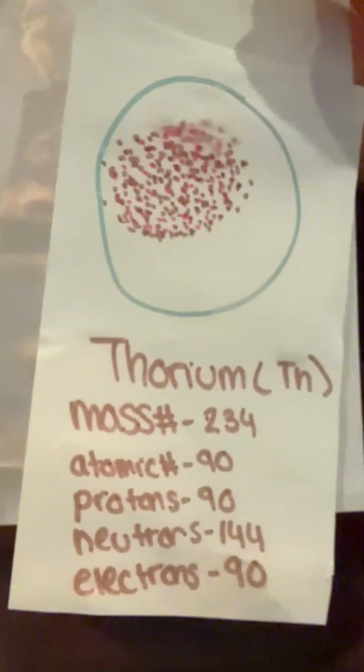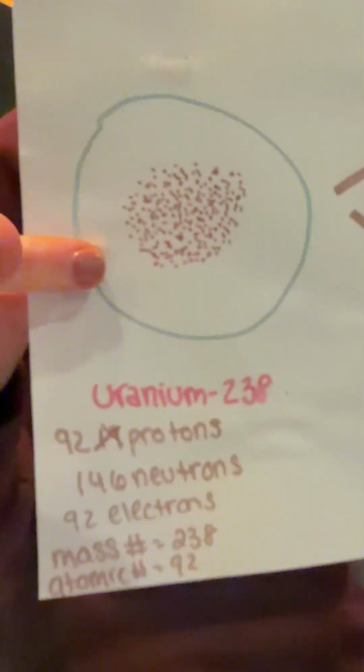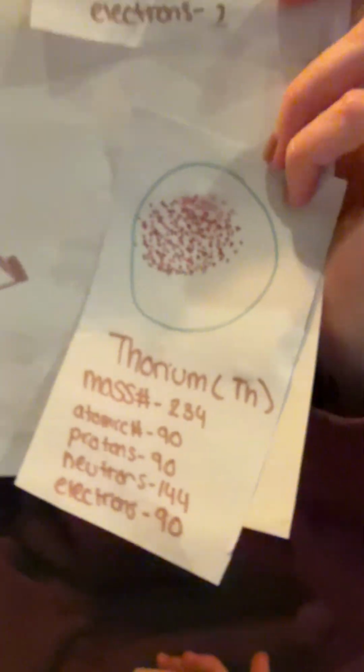Yes, it still has an uneven, not 1-to-1 ratio of protons to neutrons, but it is not as unstable as uranium was. So there are 2 products to this process. We have the parent isotope, the original unstable isotope, and it produces 2 atoms. It produces the helium atom and it produces the daughter isotope.